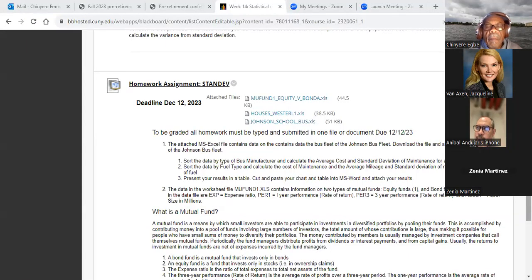I understand how to calculate what you're asking for, the average of the assets and the performance. I'm just not sure: do you want us to put in a paragraph comparing how the funds are performing, or do you just want to see the math?